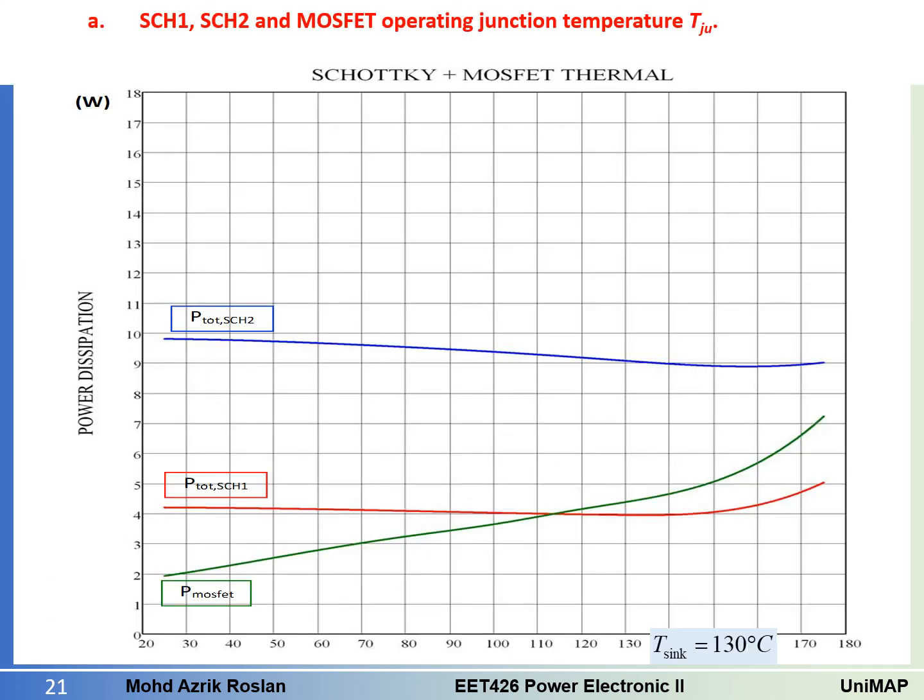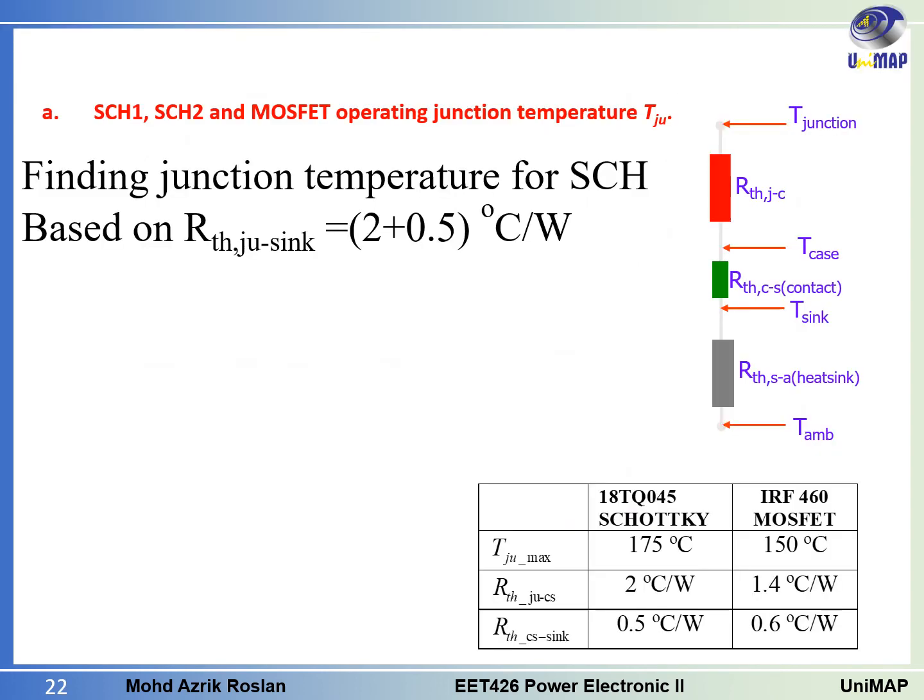Okay, the heatsink temperature is already given, which is at 130 degrees C. And then we want to find the junction temperature for Schottky based on the value of RTH junction to sink.